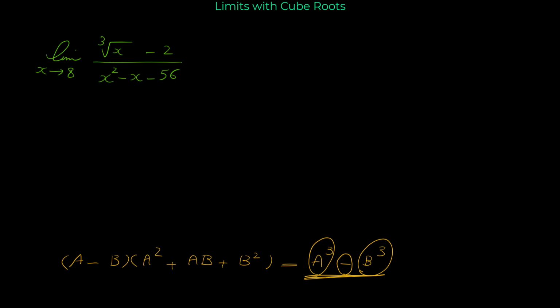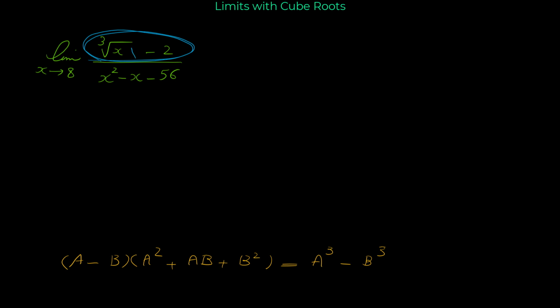If you know this identity, then you can find this limit with the aid of this identity. But how can we use this identity for finding this limit? Attention to here. In the numerator we have cube root of x minus 2.